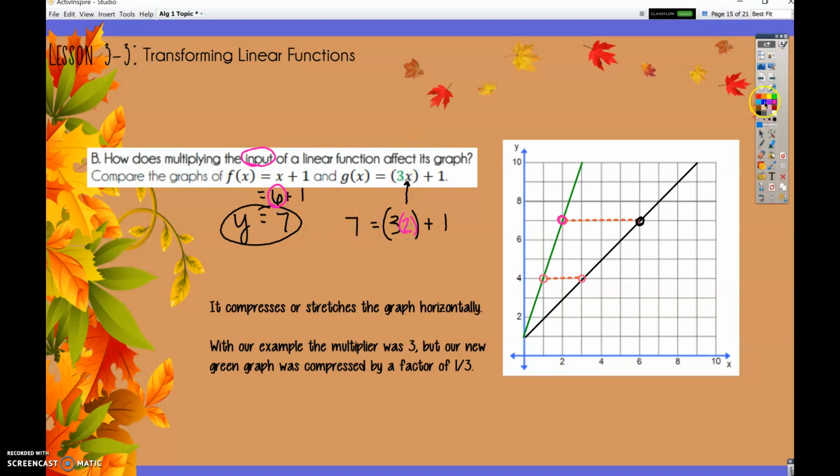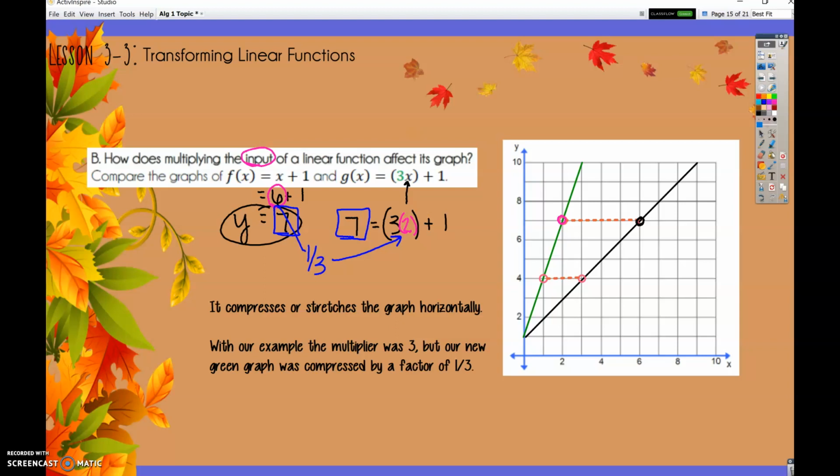In order to keep the same y value, I want y to be 7 just like it was on my original, and I'm comparing those two y values on these lines. The difference is I was able to plug in 6 on the first one. I actually had to plug in less than 6 in this other example because I wanted to take a number times 3 to get that 6. 6, if I took a third of that, 6 times a third makes 2.